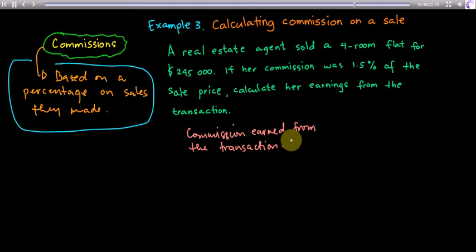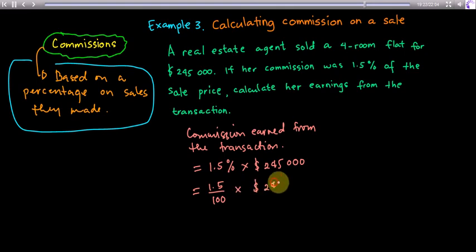How could we compute it? This is just 1.5% times the sale, which is $245,000. We change the percent into a decimal, so we have 1.5 over 100, then times $245,000, which is equal to $3,675.